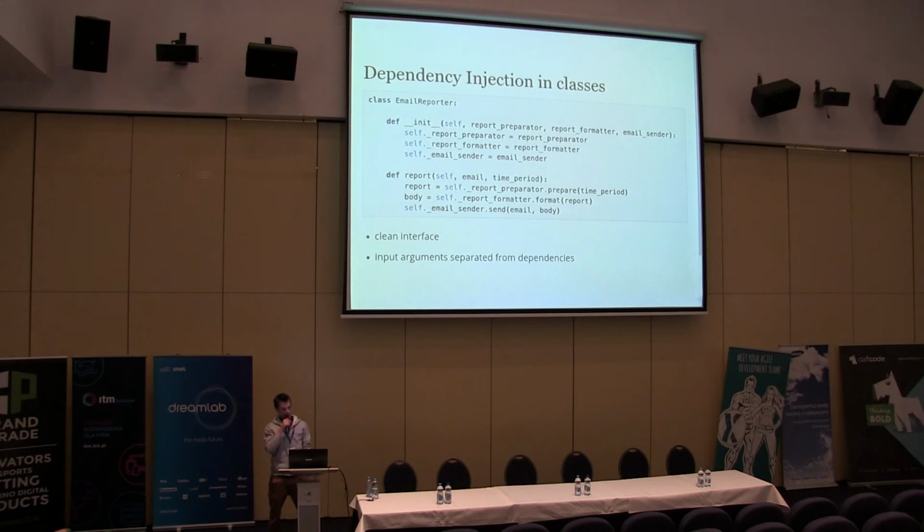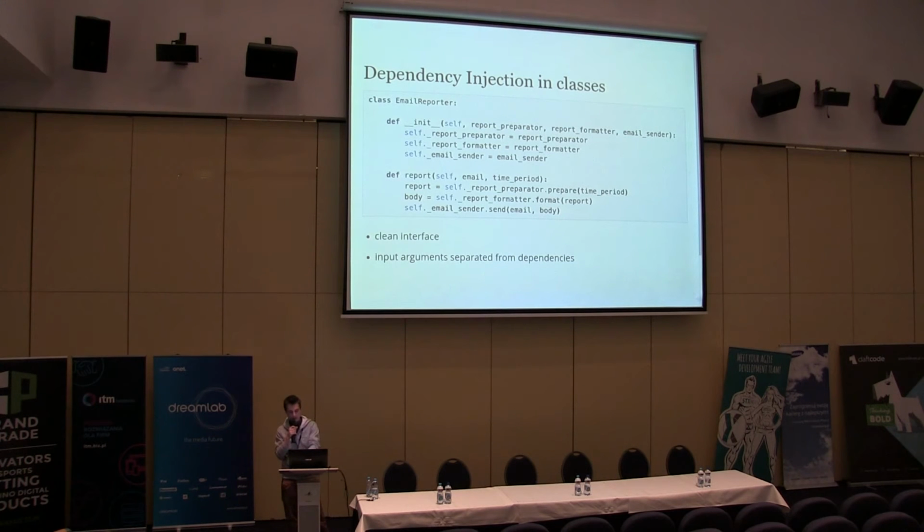The difference is that instead of calling functions, we call methods of other classes. While in a function we have to pass the dependencies into it, next to the input arguments, in classes we can leave the interface clean and pass the dependencies to another place, the initializer. Now we have input arguments separated from the dependencies.